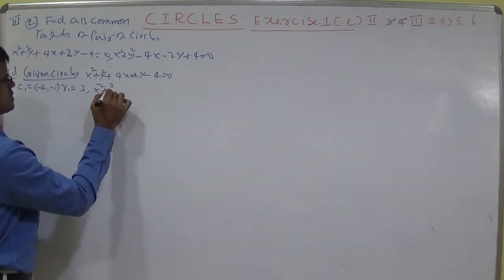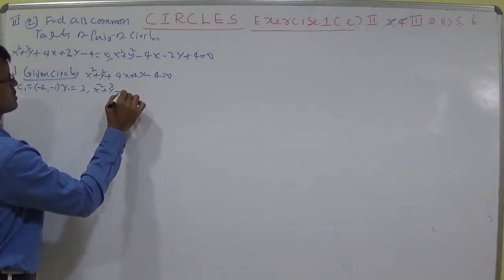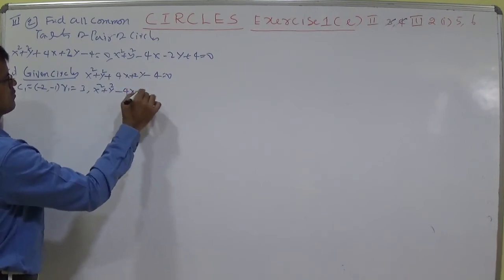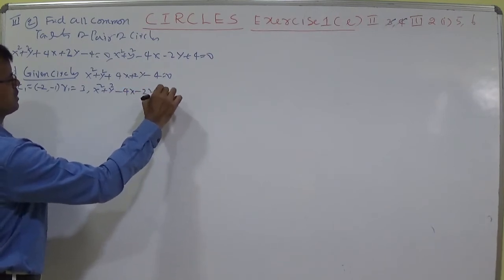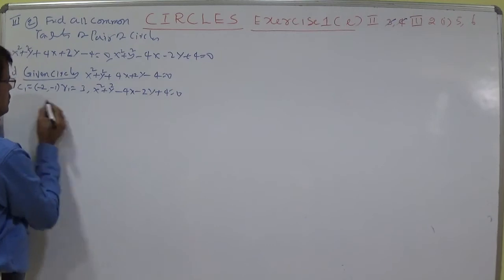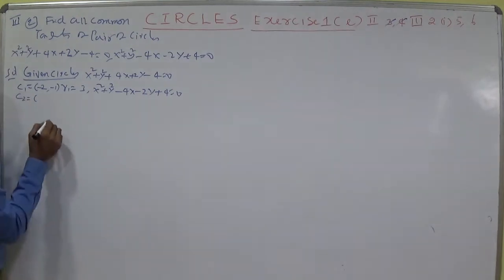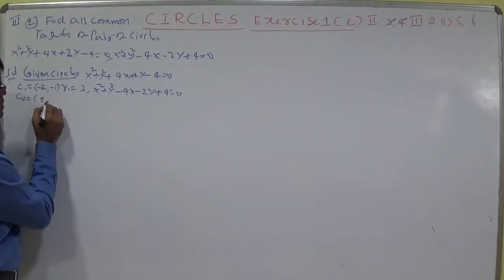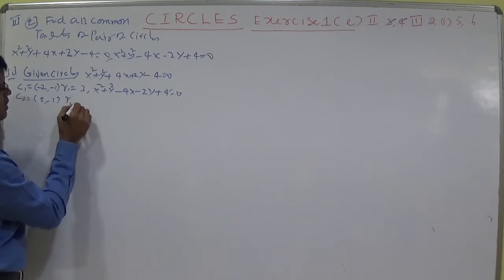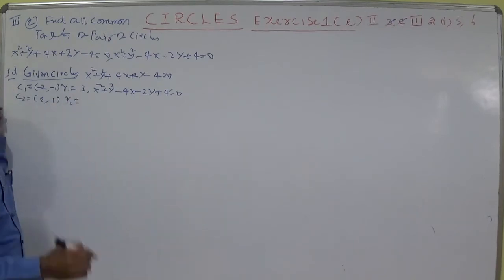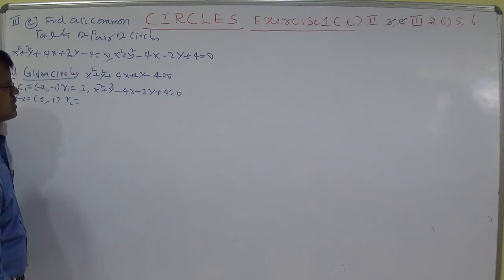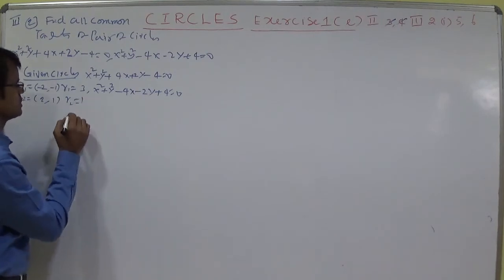Next, the second circle, x square plus y square minus 4x minus 2y plus 4 equal to 0. C2 is (2, 1), and R2 is root of g square plus f square minus c, 4 plus 1 minus 4, so it is 1.